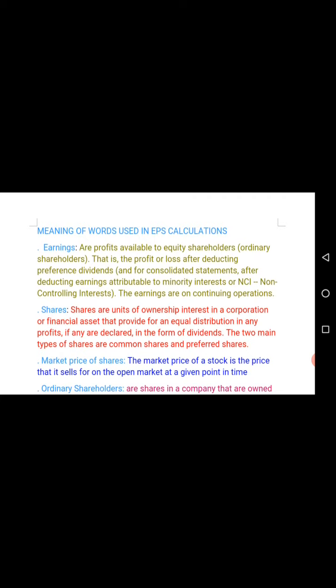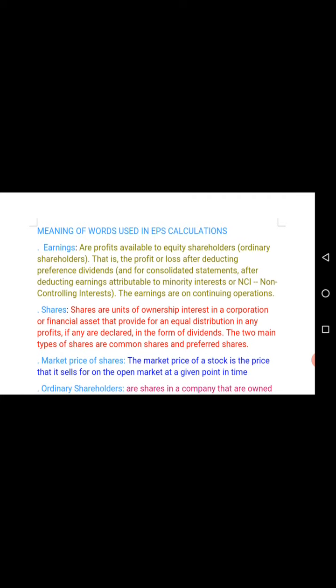The second one we have is shares, and it says shares are units of ownership, interest in a corporation or financial assets that provide for an equal distribution in any profits, if any are declared, in form of dividends.